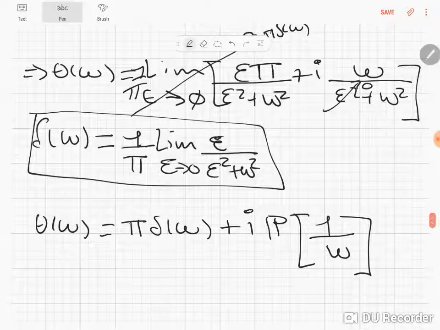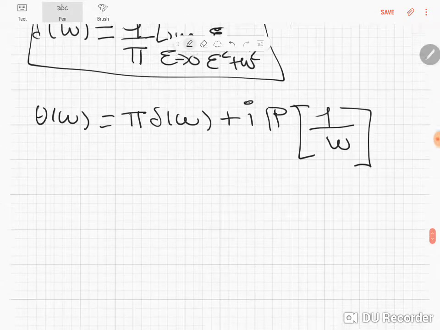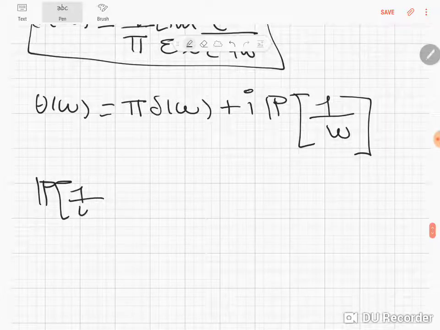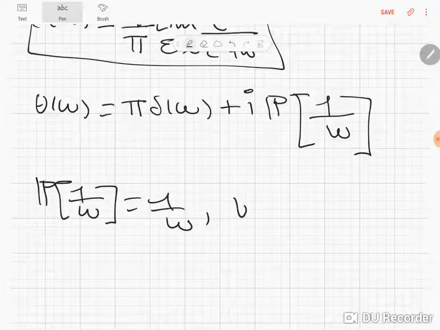This only applies for omega different than 0, so the principal value of 1 divided by omega is equal to 1 over omega for omega different than 0.